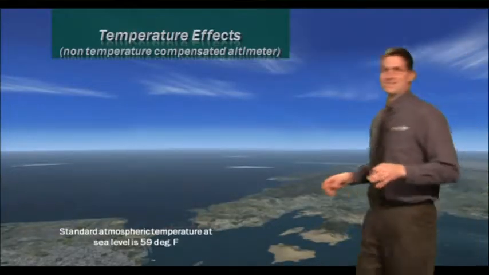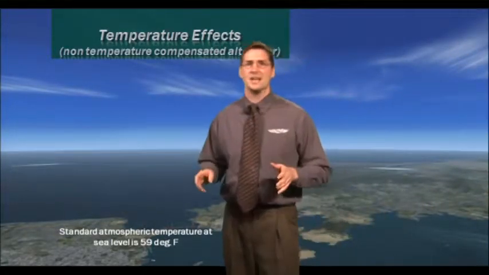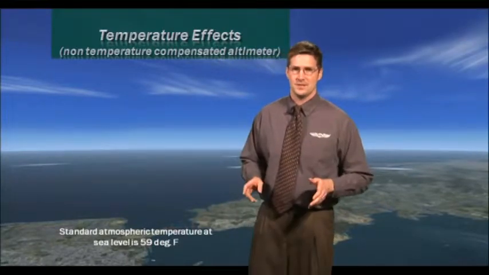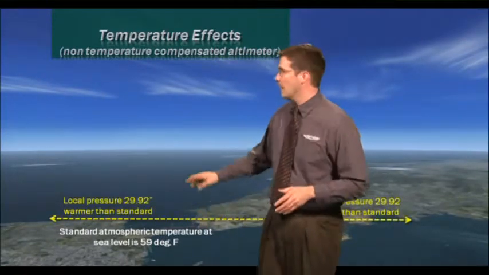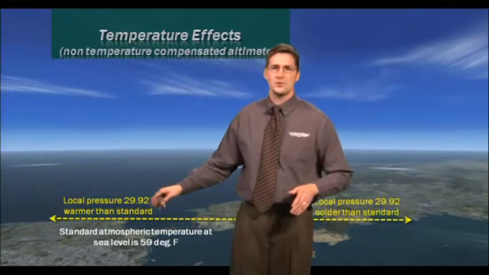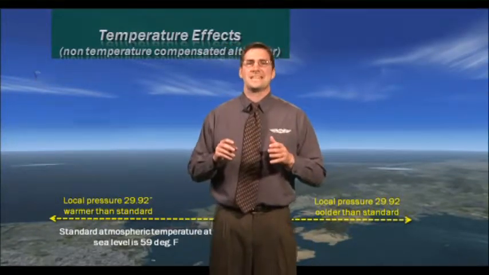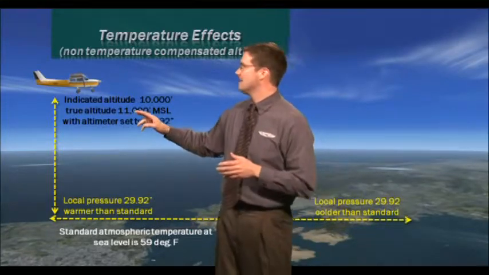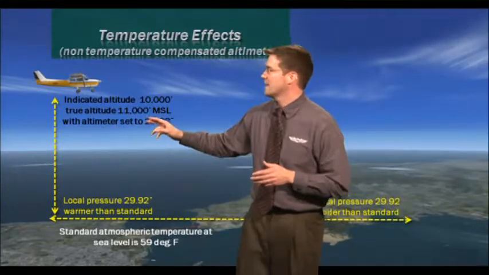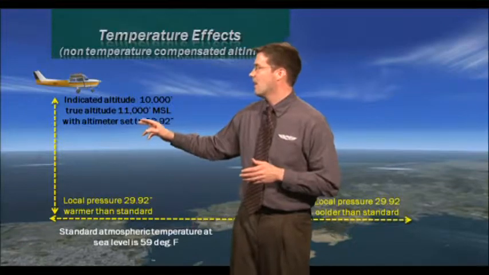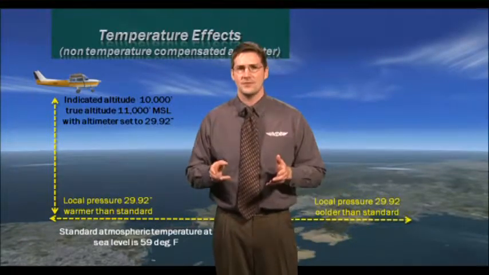This example illustrates the temperature effects of non-temperature compensated altimeters. Let's say we're on a flight from an area of warmer than standard temperature to an area of colder than standard temperature. Now, our aircraft is at an indicated altitude of 10,000 feet, but because we're in areas of warmer than standard temperatures, our true altitude is actually 11,000 feet.